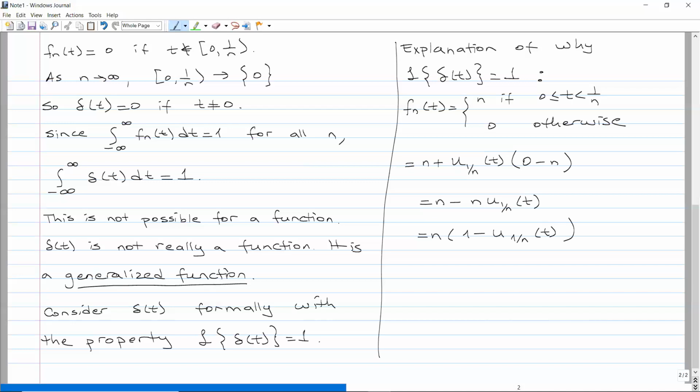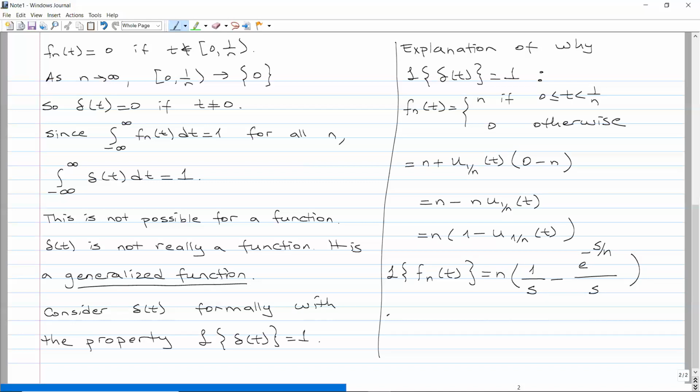Okay, so what is the Laplace transform? N is just a constant. The Laplace transform of 1 is 1 over s, minus the Laplace transform of the unit step function at 1 over n, which is e to the minus 1 over n times s, so e to the minus s over n, divided by s.